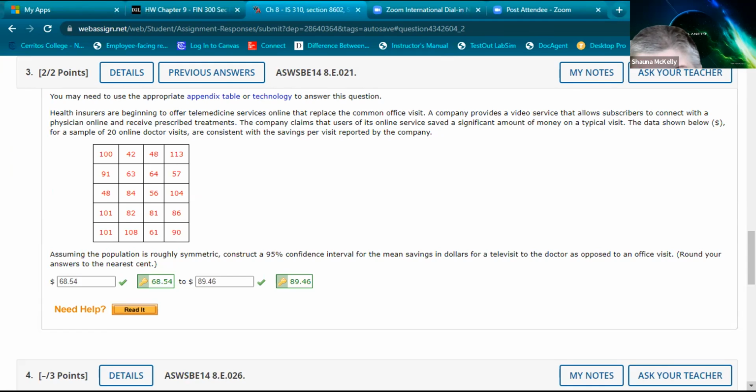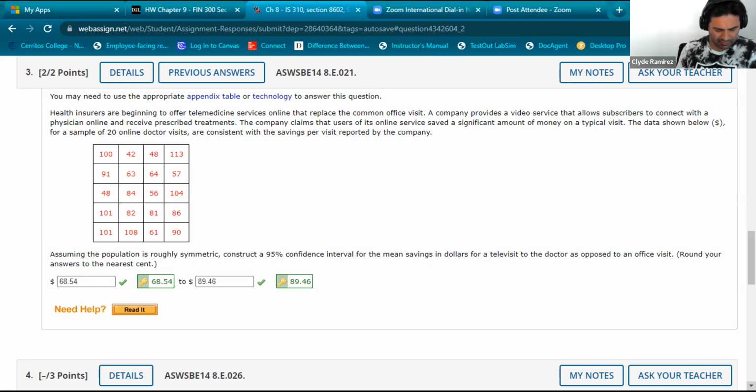When I talk about standard deviations, there are two of them: the sample and the population.